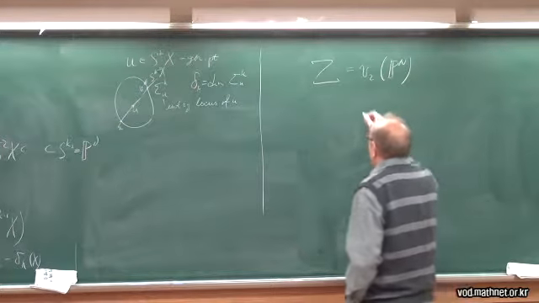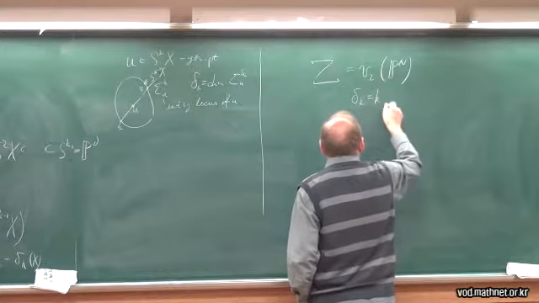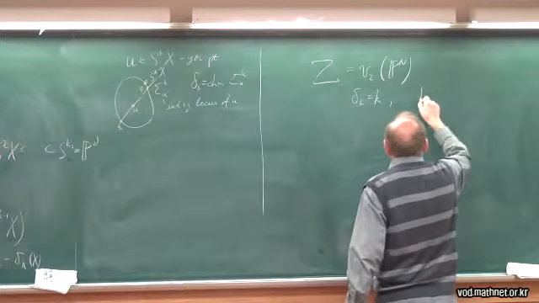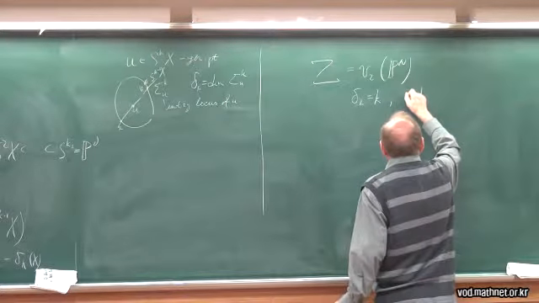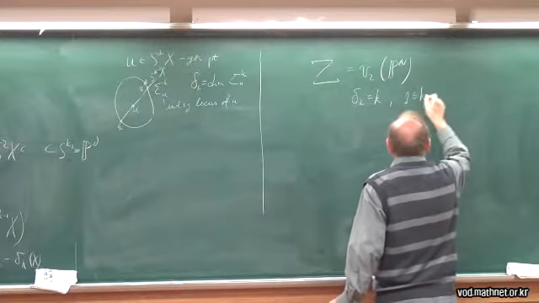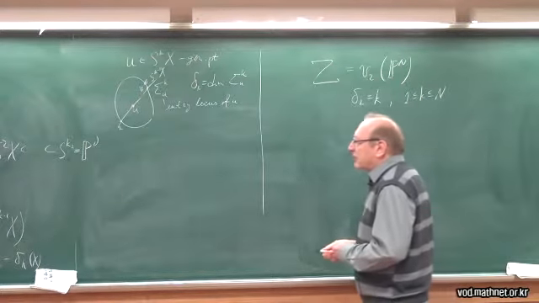And in this case, we saw that delta k is equal to k for all k between 0 or 1 and n, and we described the entry locus.